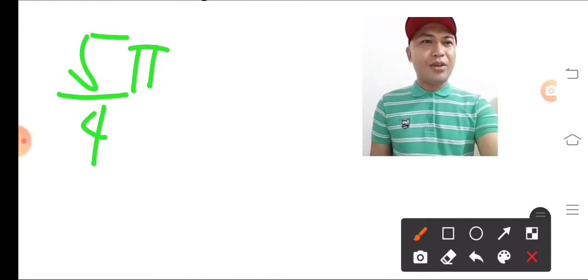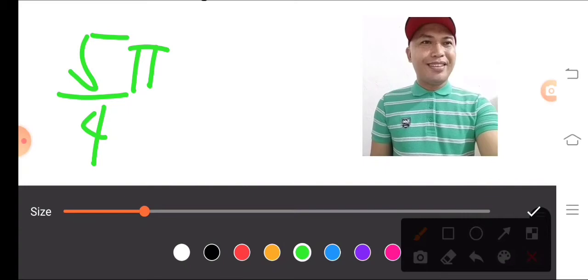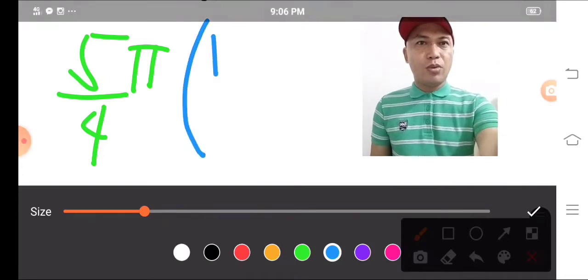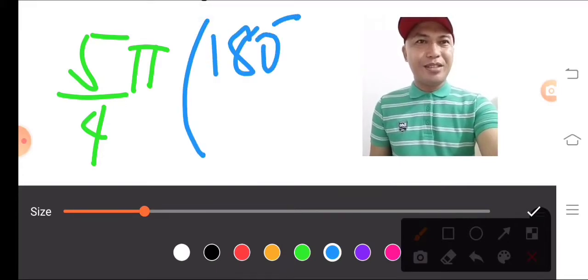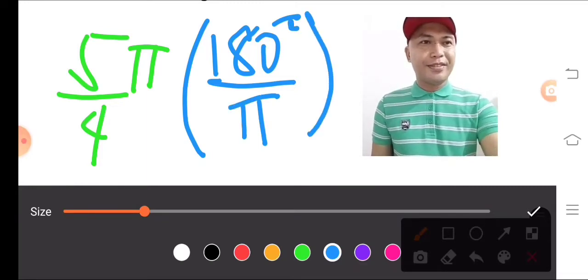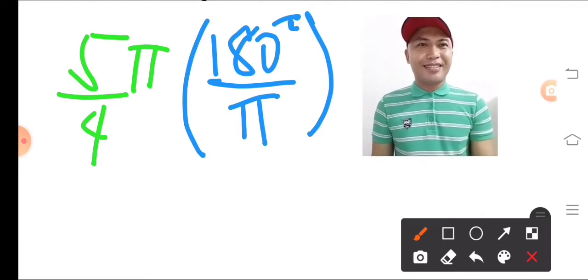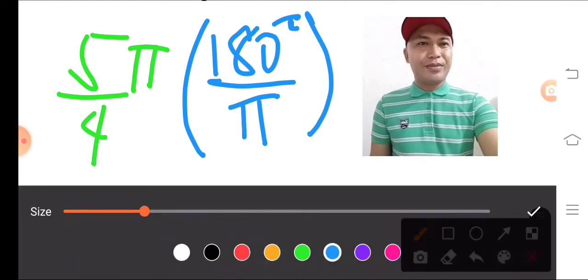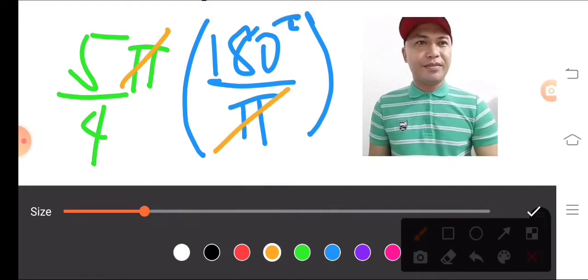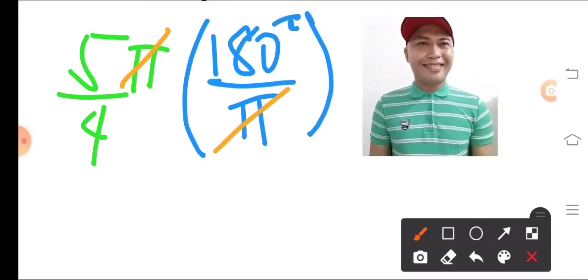Again, you have to remember our multiplier, which is 180 degrees over pi. So let us simplify, cancel pi. That is equivalent to 1.